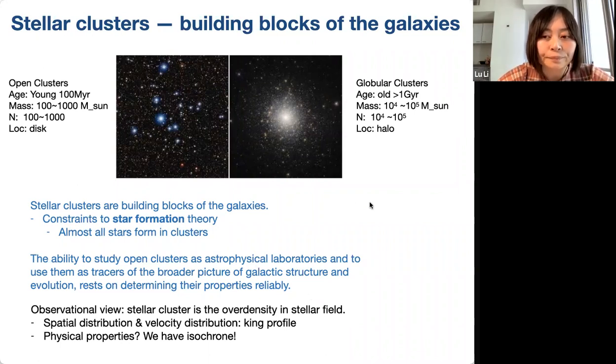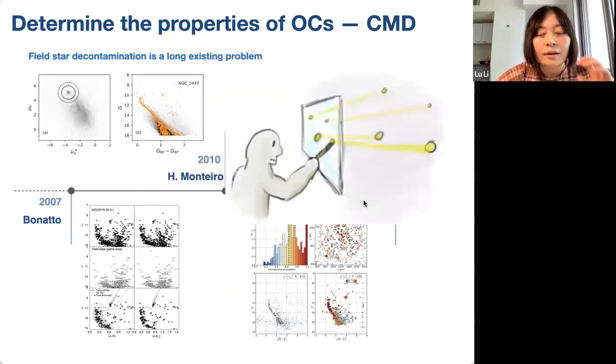And the color-magnitude diagram is a powerful tool. We can do isochrone fitting in the CMD. But field star contamination is a long-existing problem.